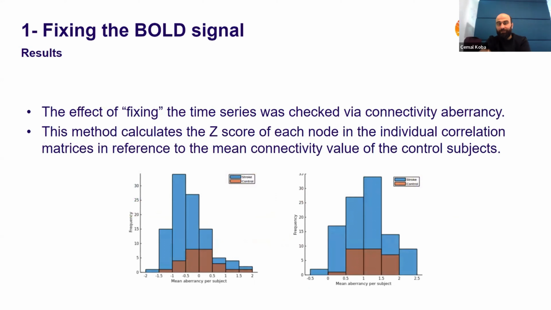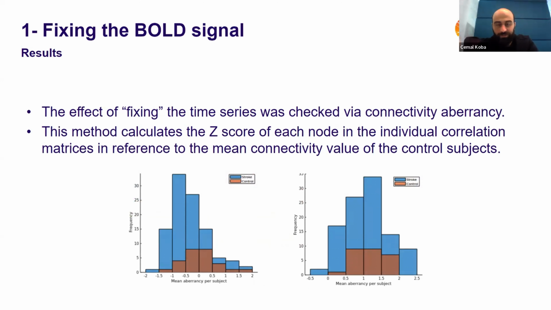To understand the effect of this time delay fixing, we made a calculation on the connectivity matrices named functional connectivity aberrancy. So how aberrant, how deviated a node's connectivity strength is.